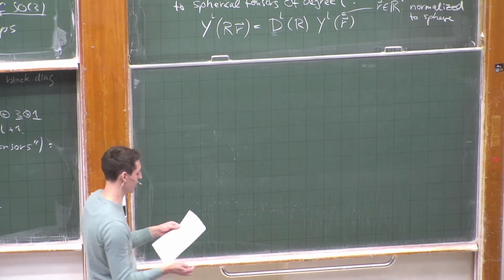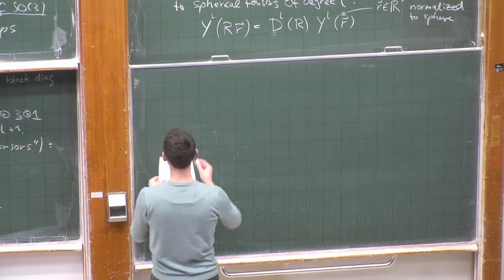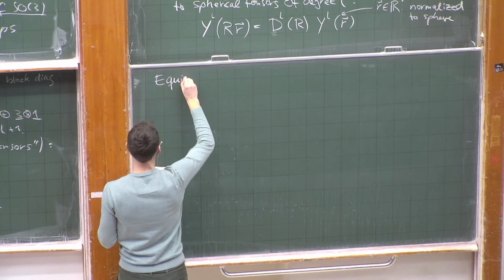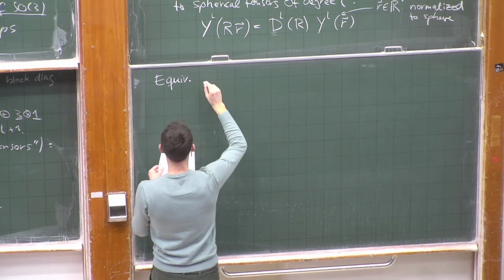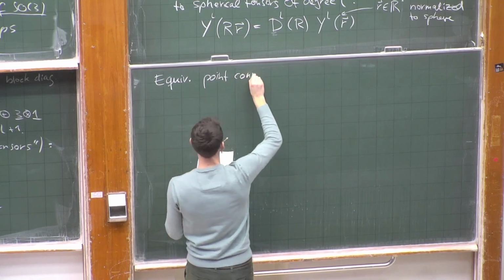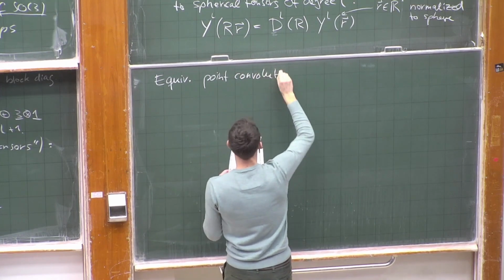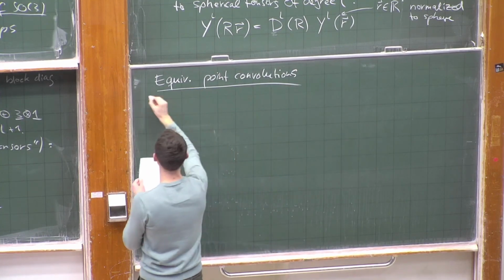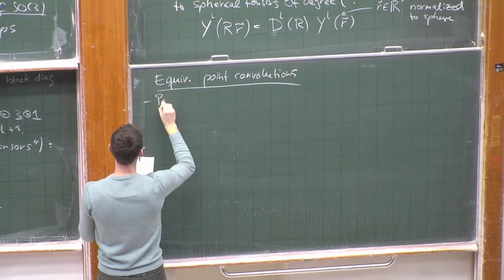Okay, so the thing that we will look at are equivariant point convolutions. And for that, let me define what a point cloud is.